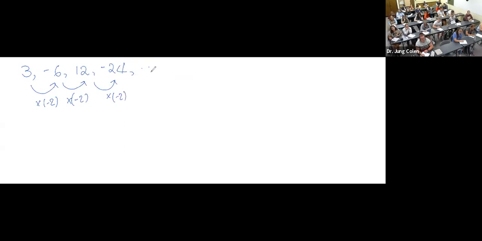So we know this will have the pattern of multiplying the previous number by -2. So we know the next 3 numbers in this pattern, right? So what comes next? Multiply this by -2, and you get 48.